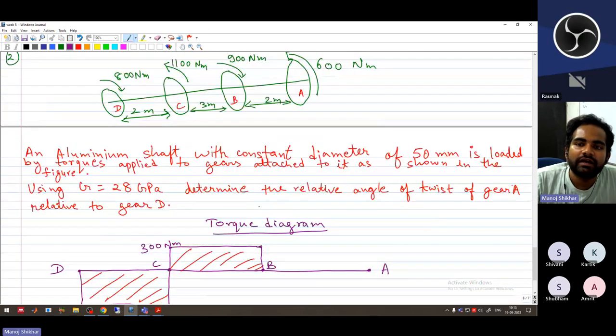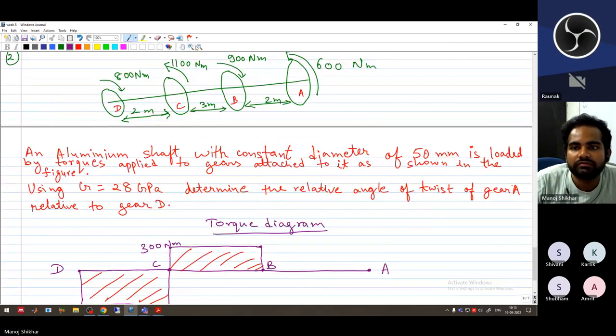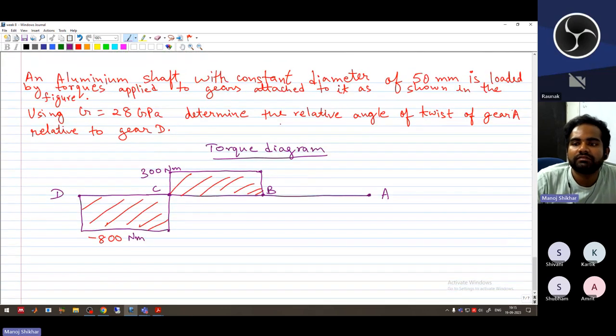Then again, we have a torque of 900 newton meter in clockwise direction at B. So from 300 newton meter we have to move minus 900.